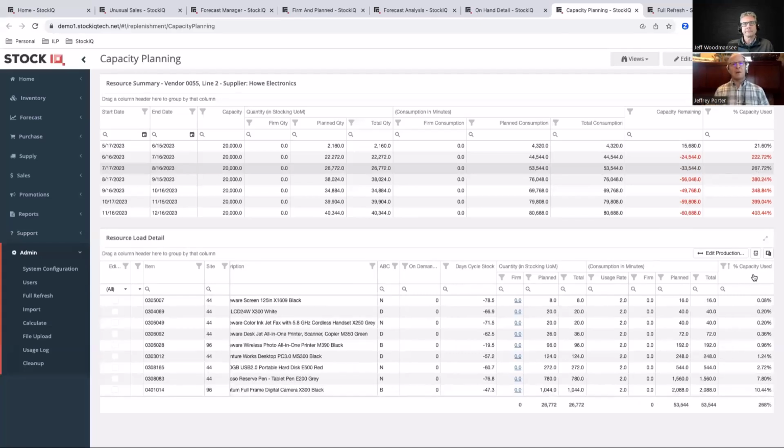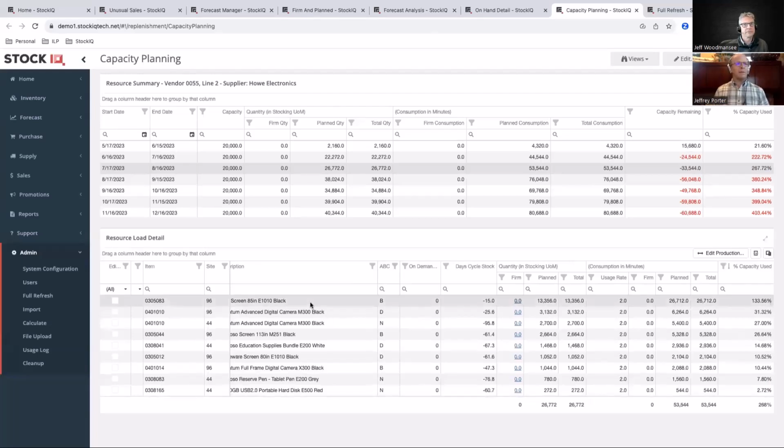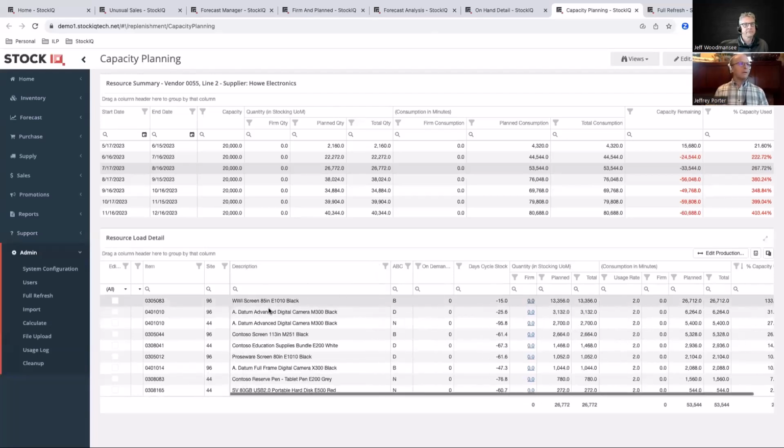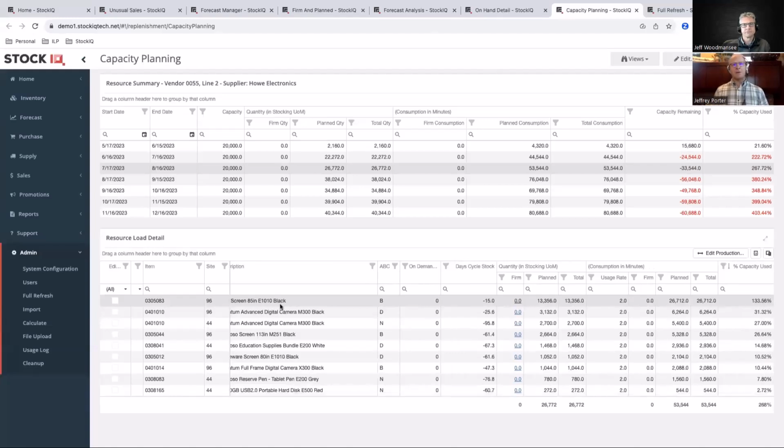I can sort and filter out here and ask, what's my single biggest violator? Here, this is right in here. I can see I've got an issue to deal with because this is driving a lot of my overcapacity. So the capacity planning module is about helping us understand what we have the capacity to do or to hold, and whether or not we've exceeded that capacity. One more question. Go ahead, Jeff.